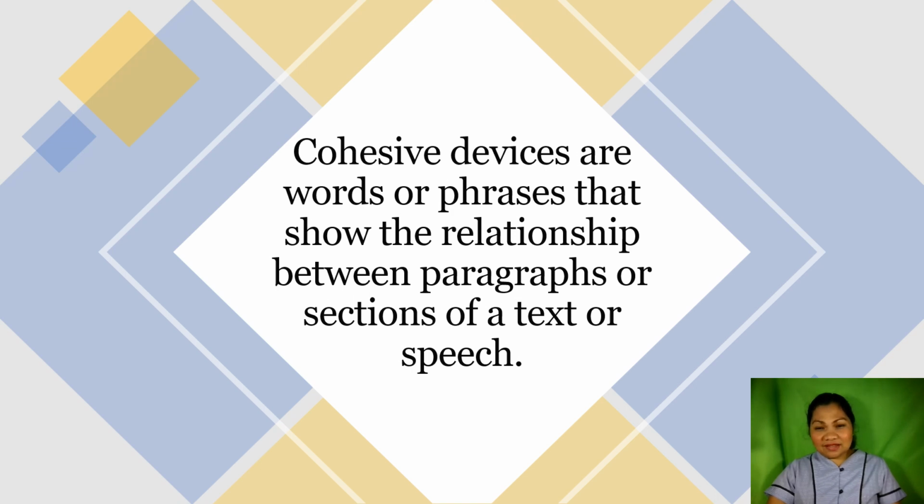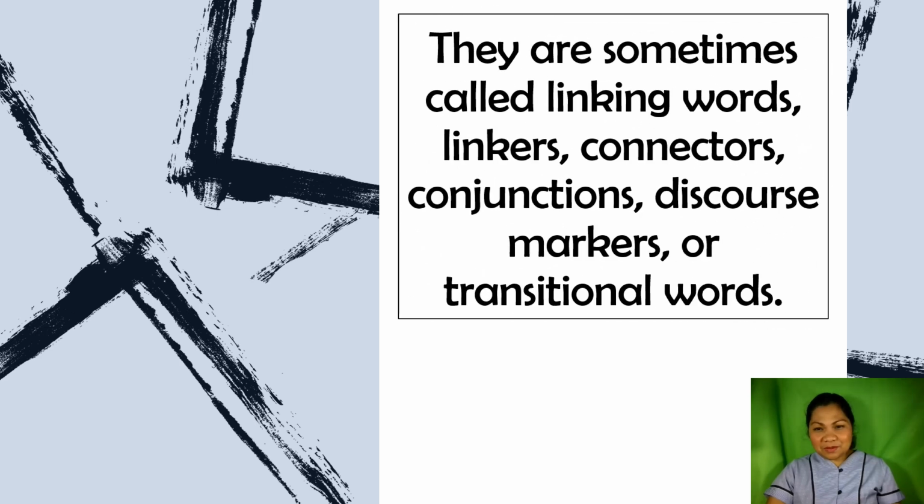Cohesive devices are words or phrases that show the relationship between paragraphs or sections of a text or speech. They are sometimes called linking words, linkers, connectors, conjunctions, discourse markers, or transitional words.